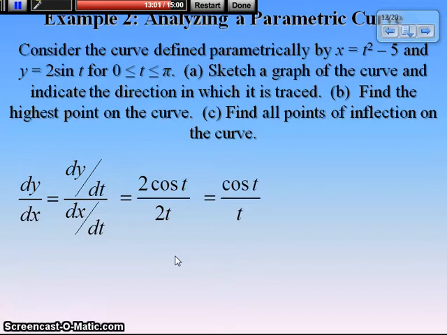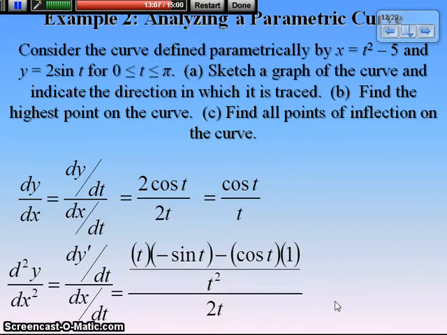Or, I'm sorry, I should have thought to simplify first. But now we do the quotient rule, and we have this. Obviously, simplifying the 2's would have been a much smarter thing to do. I forgot about that. But still, bottom times derivative of the top minus top times derivative of the bottom, over the bottom squared.